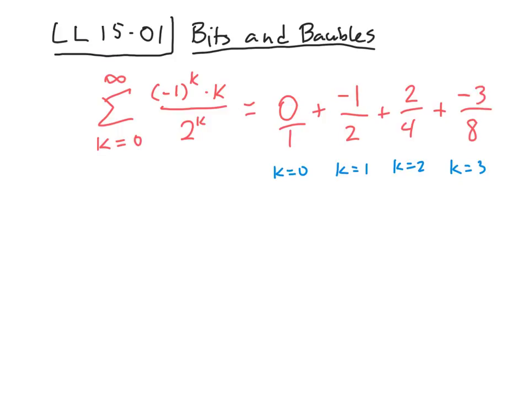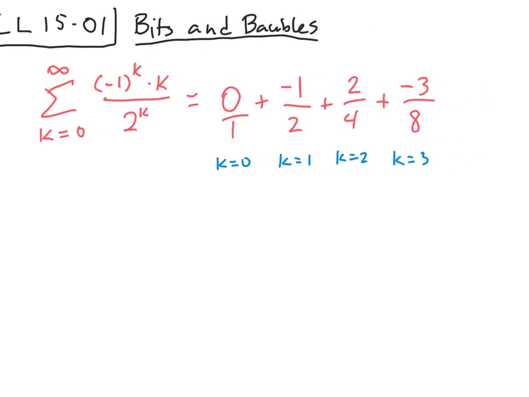Let's just do one more for good measure. When k is 4, negative 1 to the fourth is a negative times a negative times a negative times a negative, and that's a positive 1. Then k is 4, and 2 to the fourth is 16. This goes on forever, but that's the first few terms.